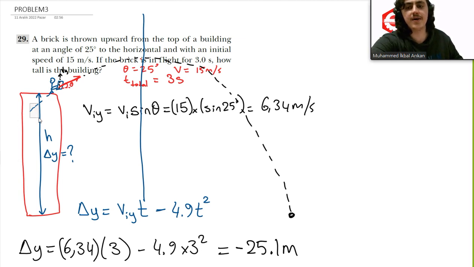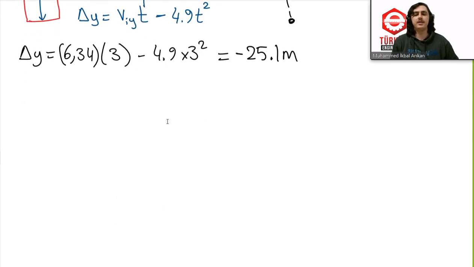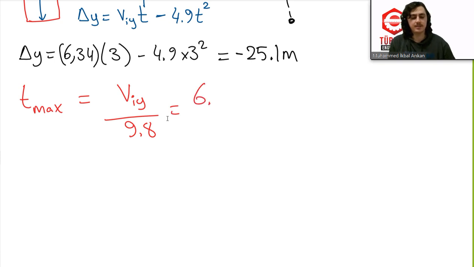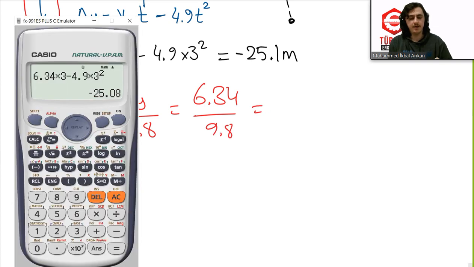Let's see what our T max result will be. T max is the initial velocity in y divided by 9.8. Our initial velocity in y is 6.34, divided by 9.8. I will get the time when it reached the highest point.